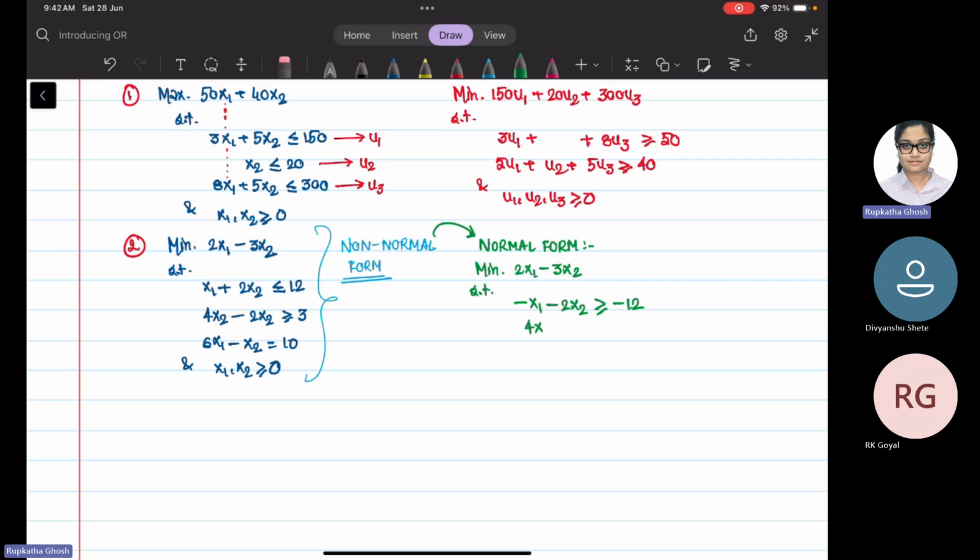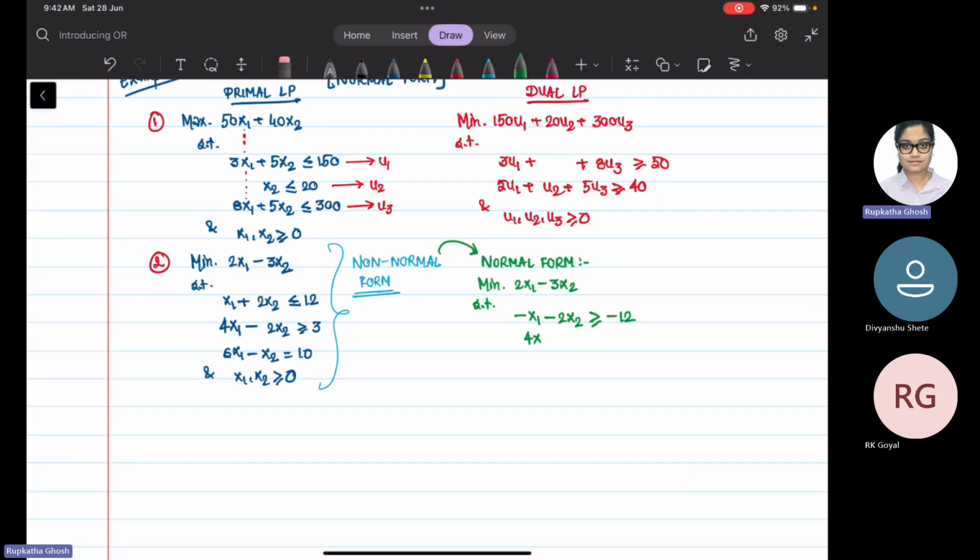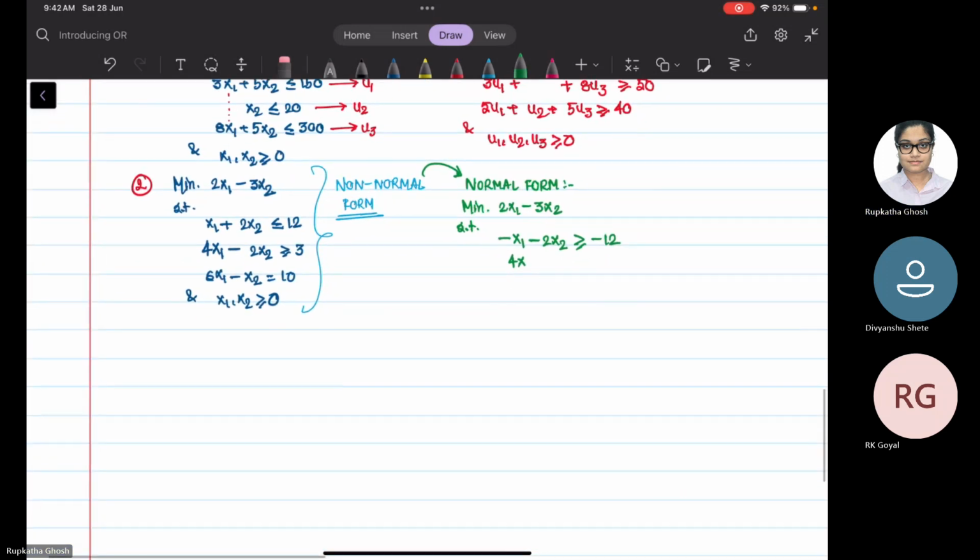4x1, I think this should be 4x1. Second one remains the same, 4x1 minus 2x2 greater than or equal to 3. What about the third one?